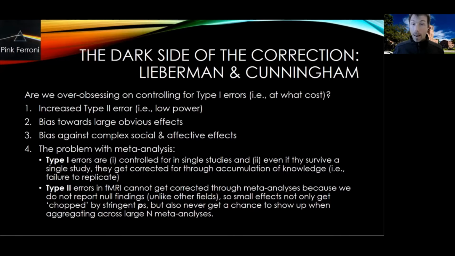Even if you were to get a type 1 error, it's self-correcting over time because someone else is going to do a similar experiment. They will report a different result, and they will fail to replicate. And over the body of literature, it will turn out that, well, that one experiment was a false positive. Fine. As scientists, we accept that there is a chance of that false positive. But the beauty of meta-analysis is that it corrects for false positives. What meta-analysis does not do is correct for false negatives, because the false negatives never make it into the literature.